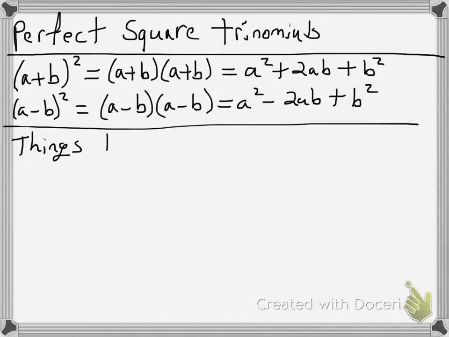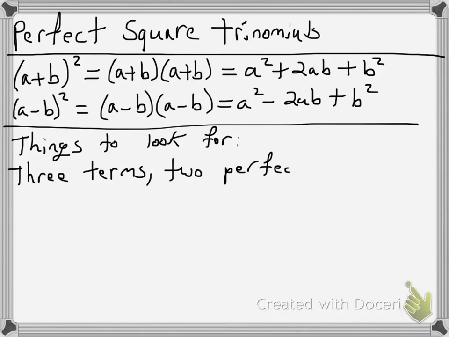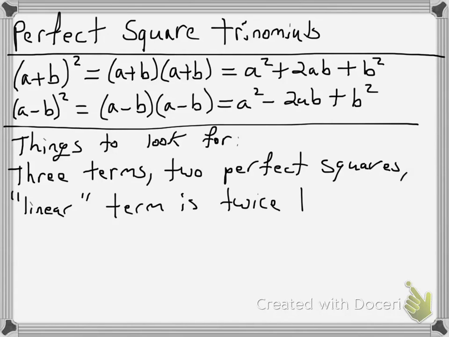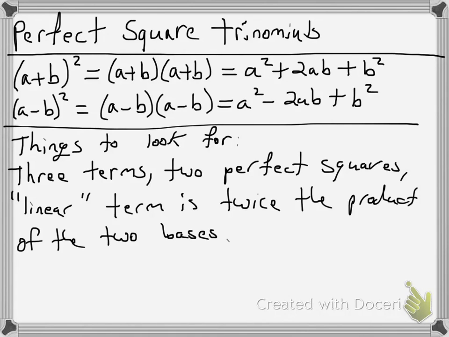So we'll mention a couple things to look for: 3 terms, two perfect squares, and then the linear term is twice the product of the two bases.